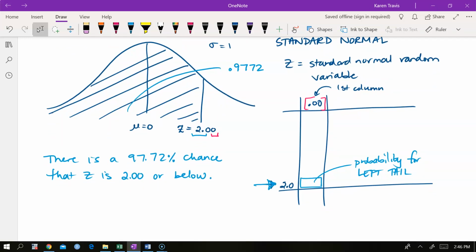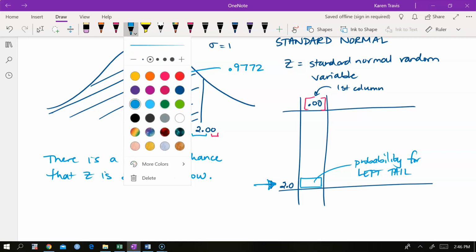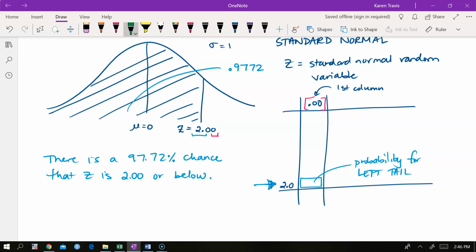Now, we can also use this to realize that the rule of complements is still going to work. So if the whole area under the normal distribution is probability and it's equal to 100%, then that would mean I could figure out that chance.